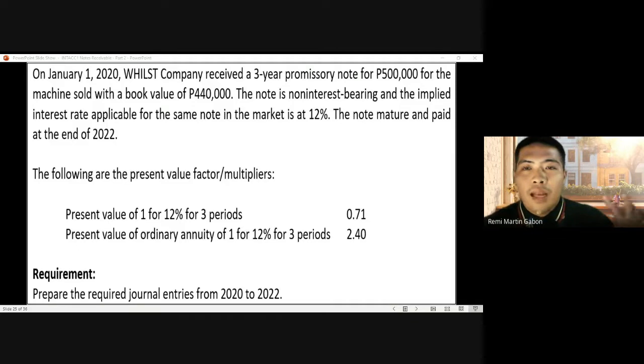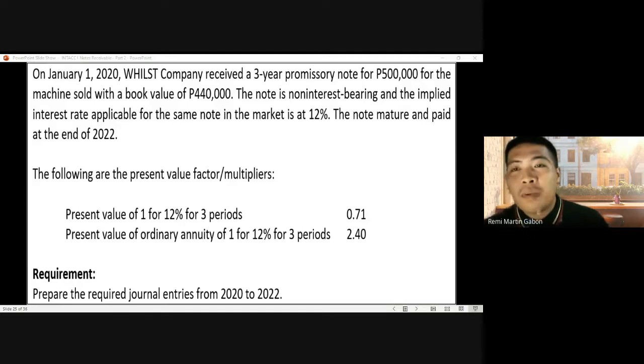Okay. Now, why did I emphasize this? Because in correspondence with the number of periods, the interest rate will also differ. For an annual period, 12% is 12%. But on a semi-annual period, 12% will not be applied as 12%.